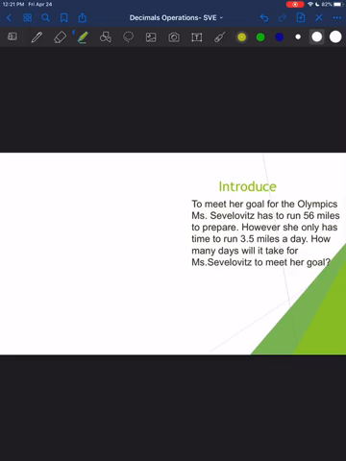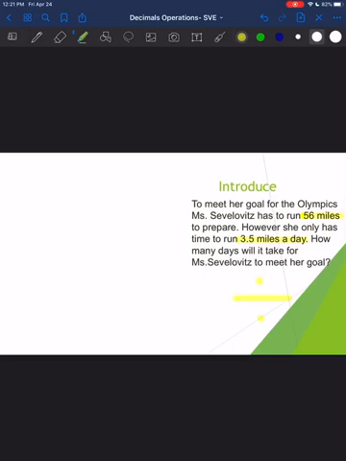Some things we need to pay attention to are the details that are given: the 56 miles that she has to run total, and the fact that she only has time to run 3.5 miles each day. I want to know how many days she's running. So this is once again a division problem.